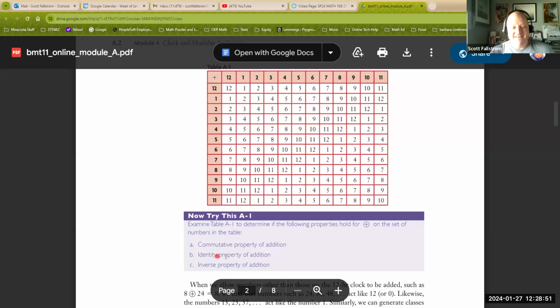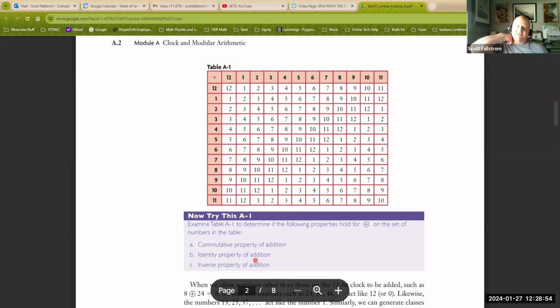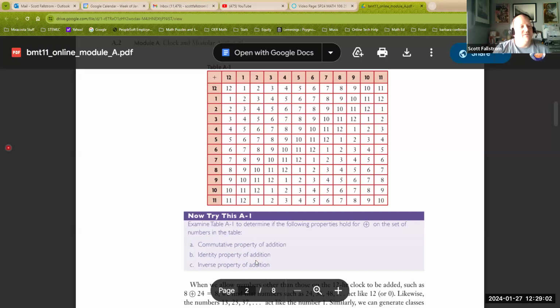All right, the identity property of addition. Okay, let's think. Identity property. Is there a number that I can add and stay with the value I had initially? So again, with traditional addition, we would say 3. We add 0, we get back to 3, and 0 is our identity element. And yes, there's always a number, 0, that we can add and stay the same as we started.